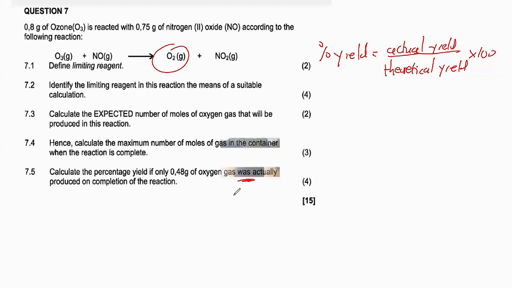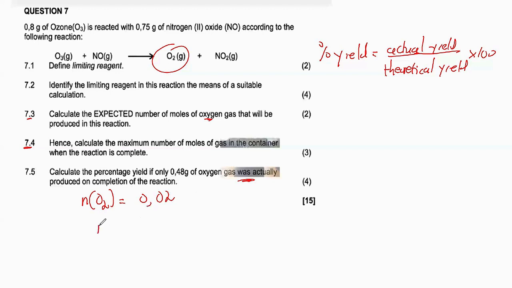But theoretically, if we were to calculate without any disturbances or any factors that might affect the production of oxygen, what will be the maximum amount of oxygen that we expect to be produced? Remember, in 7.3, we calculated the expected number of moles of oxygen, and we found that the number of moles of oxygen gas was 0.02. Now we can use that to calculate the maximum mass of oxygen that can be produced, which is the theoretical yield.